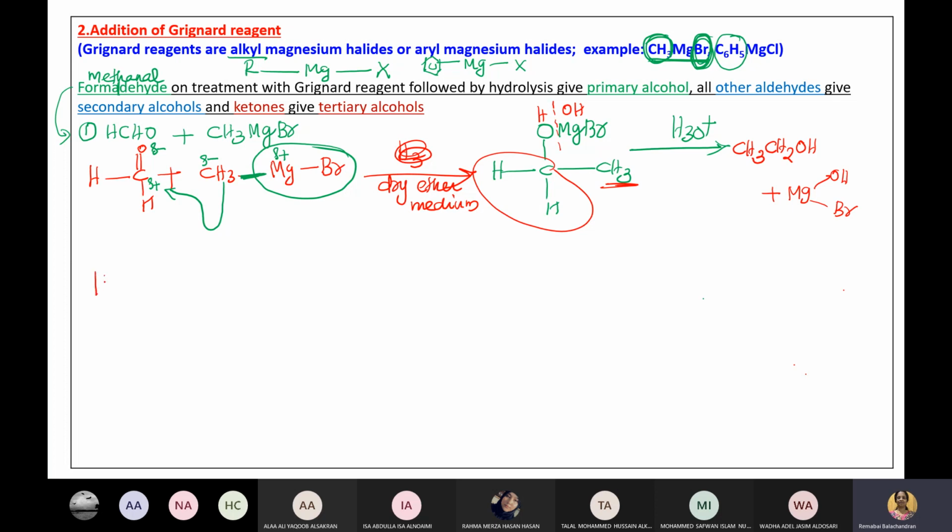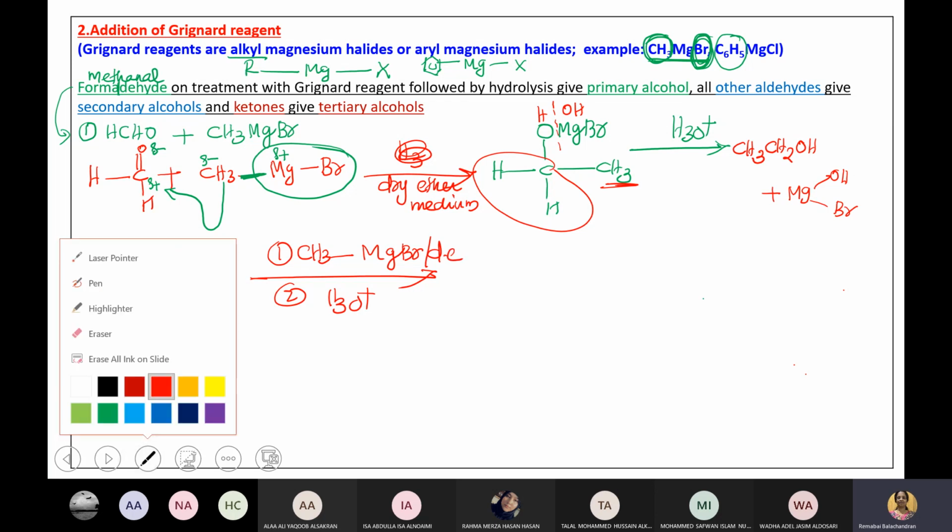Look: H, C double bond O, H, plus, first step, CH3MgBr; second step, H3O plus, in dry ether medium.